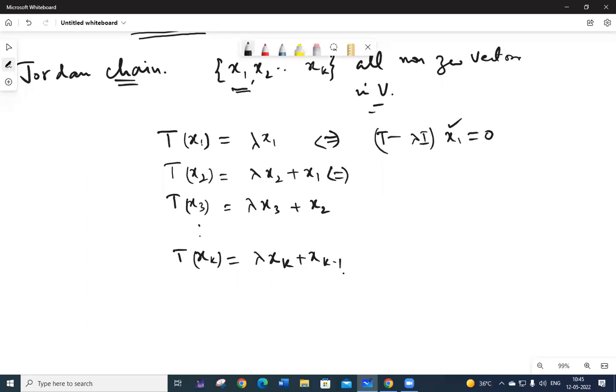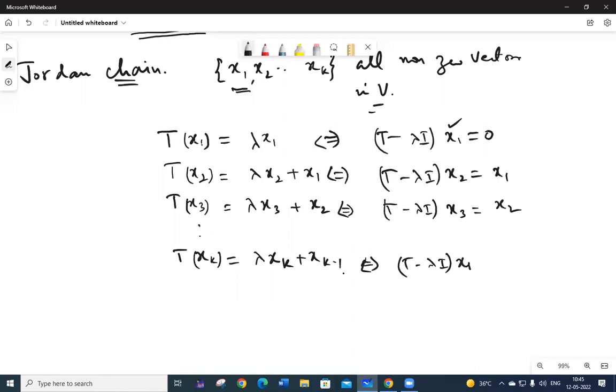T minus lambda I of x2 is x1. T minus lambda I of x3 is x2. T minus lambda I of xk is xk minus 1.